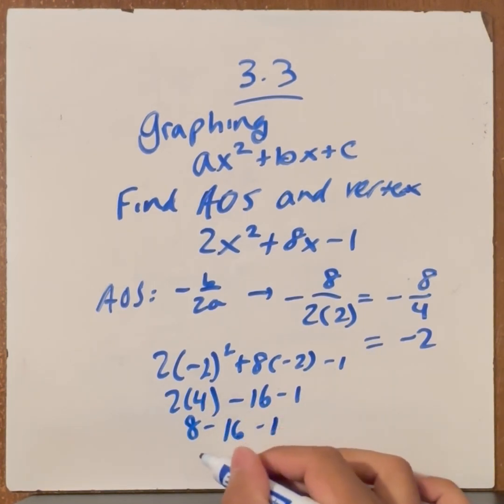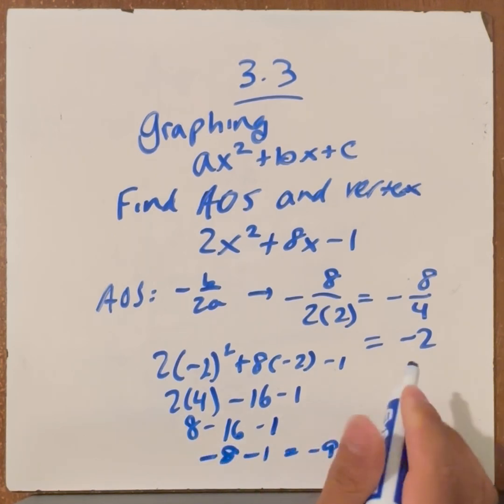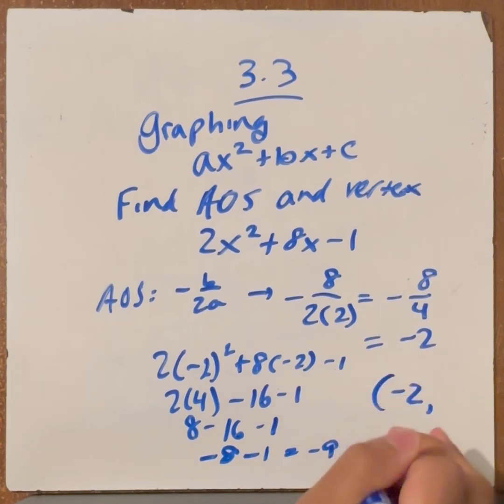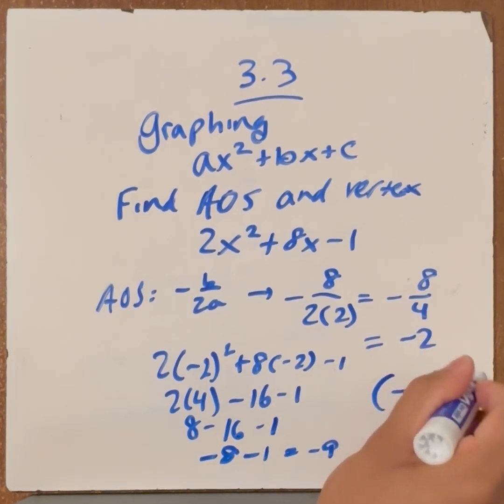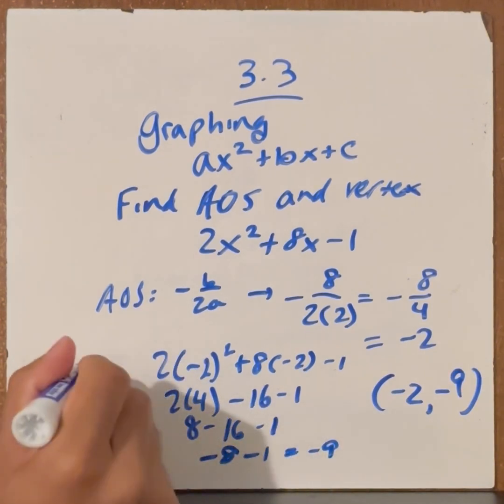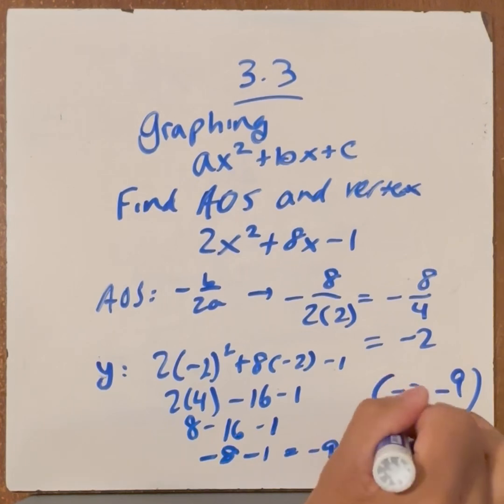So 8 minus 16 is negative 8, minus 1 is negative 9. Okay, so our vertex is going to be the x that we found, and then the y that we just found. So what we did here was we found the y, and this is our vertex.